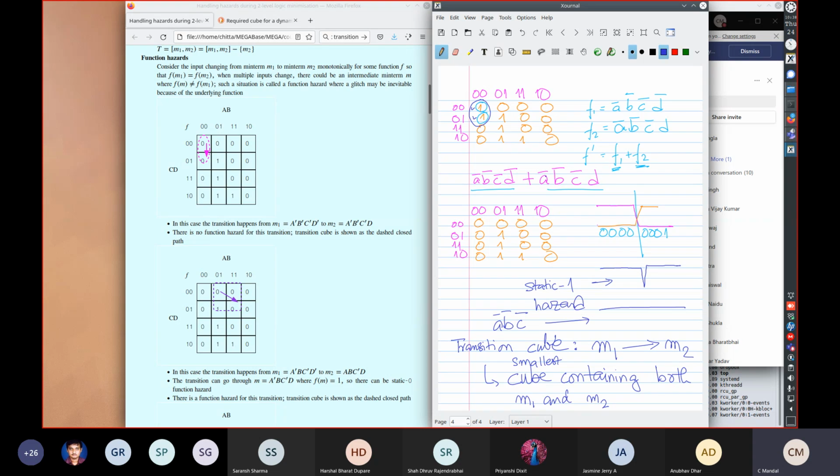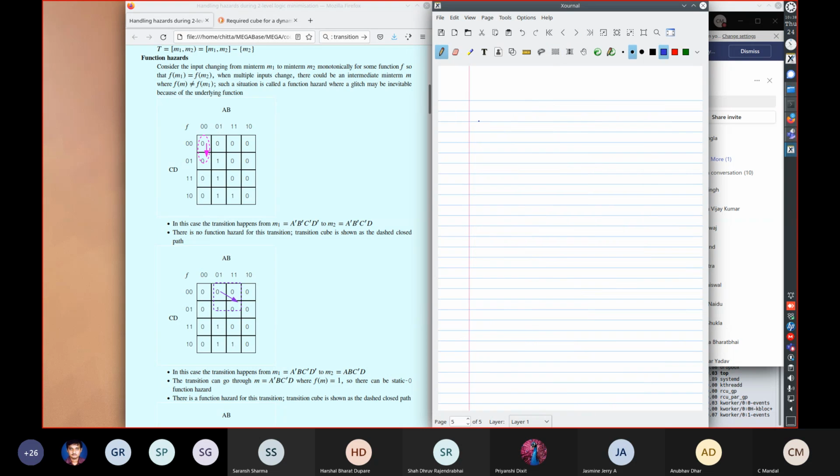So this transition cube, say f is a function on x1, x2, ..., xn, and M1 is say literal 1, literal 2, ..., literal n.